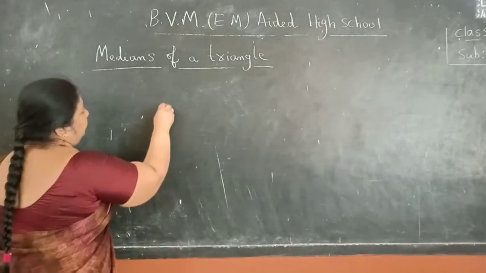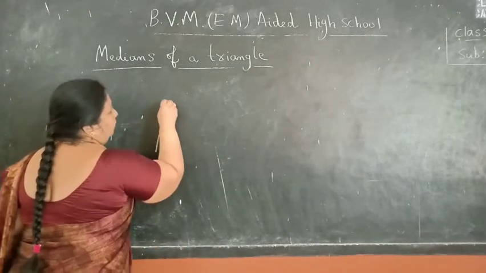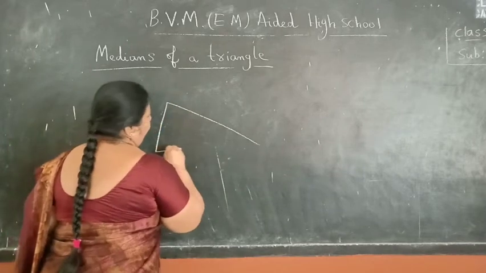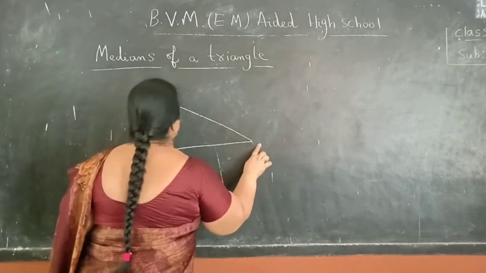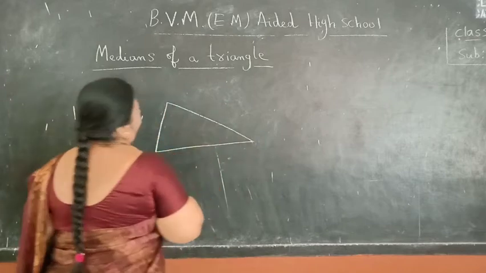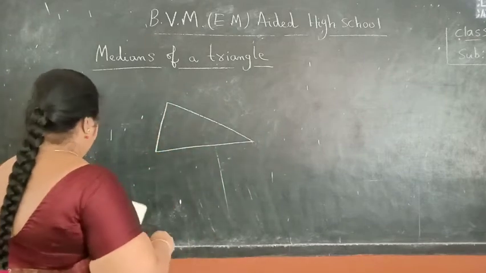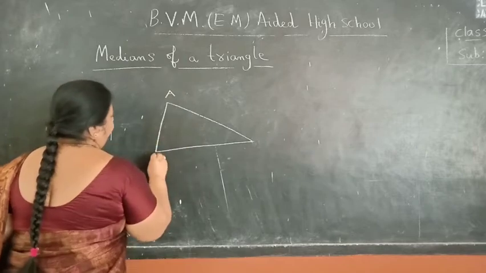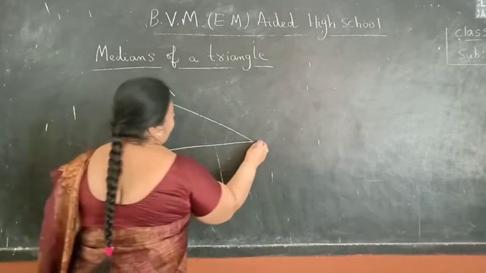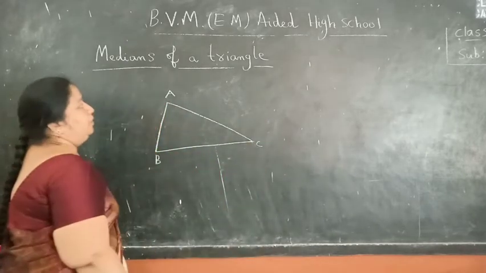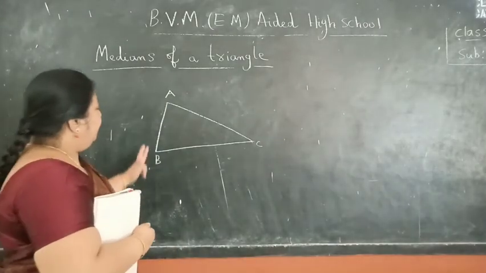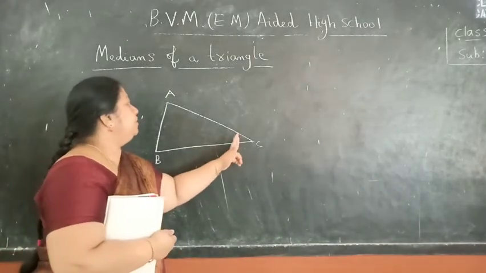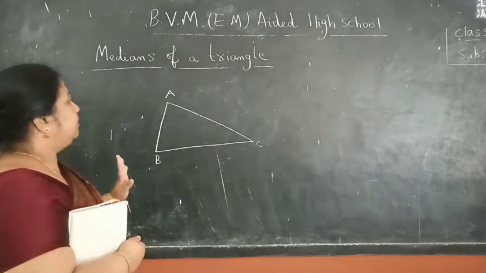Now the medians of a triangle. Here one triangle is drawn, that is A, B, C. AB, BC, CA are the three sides.